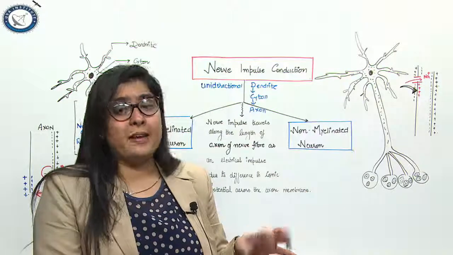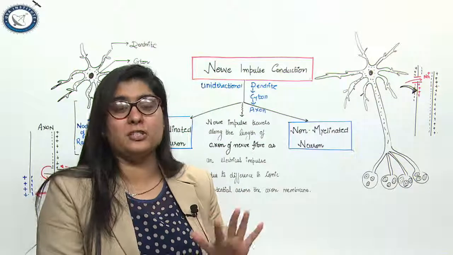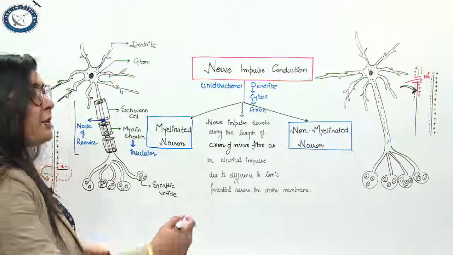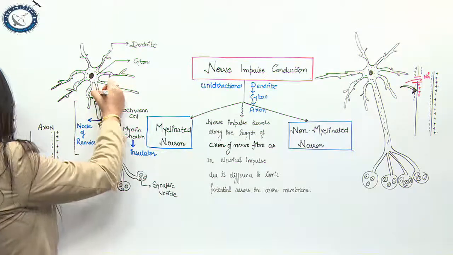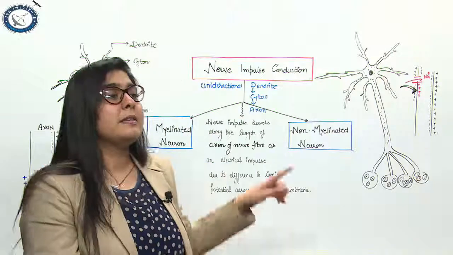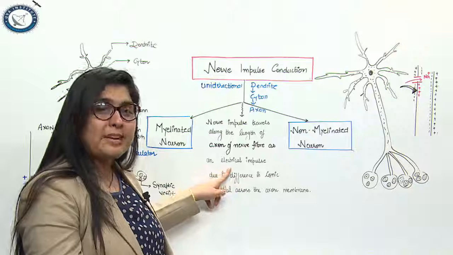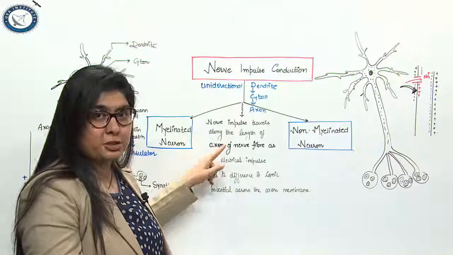So, if it is continuously present over the entire length of the axon, there will be no exchange of ions, right? From this point onwards, no exchange of ions will happen. So, if no exchange of ions happens, there will be no potential difference across the axon membrane. So, there will be no electrical impulse, there will be no conduction.